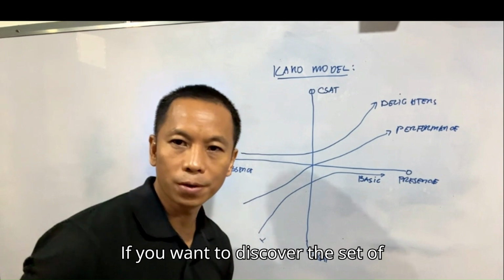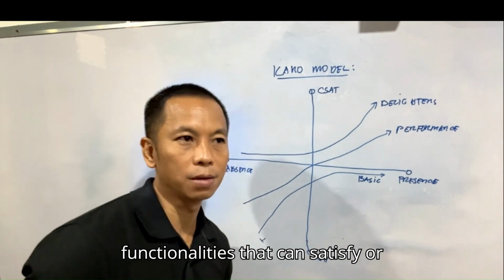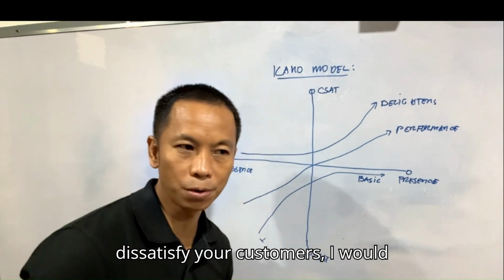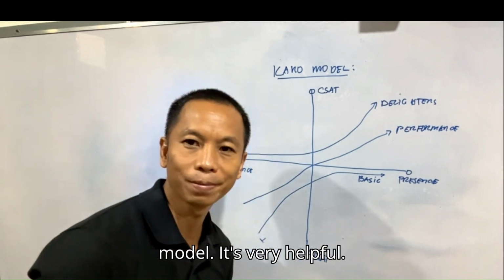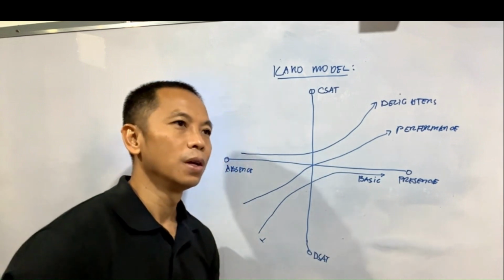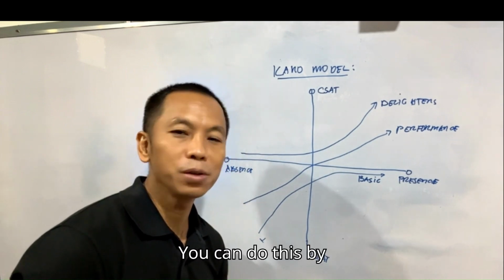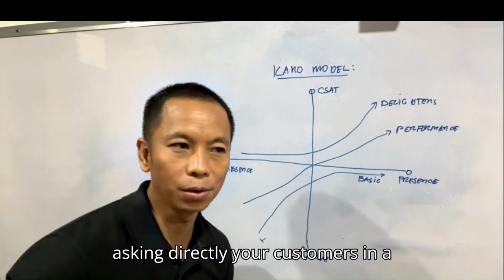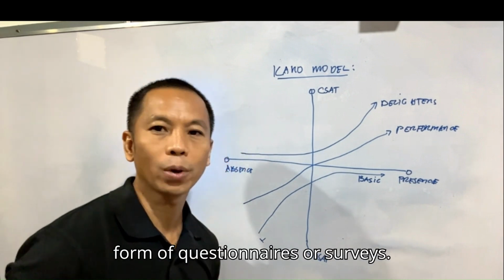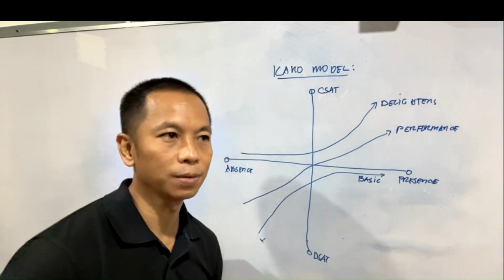If you want to discover the set of functionalities that can satisfy or dissatisfy your customers, I would encourage you to start using the Kano model. It's very helpful. You can do this by asking your customers directly in the form of questionnaires or surveys.